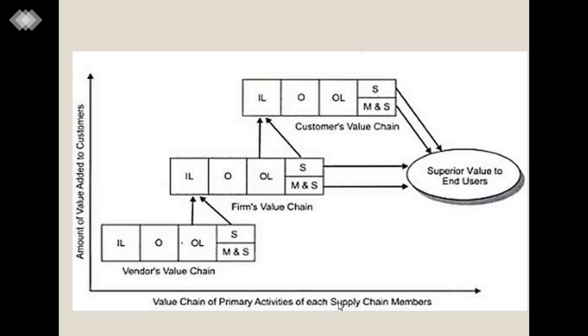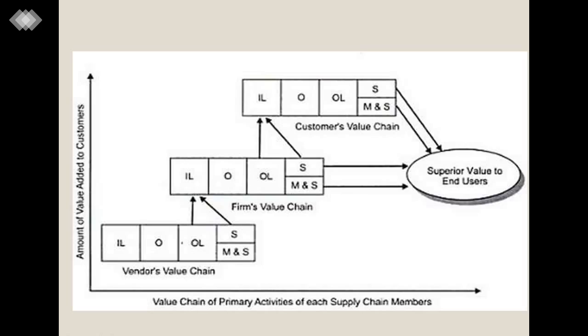Now, here is the example of how the value chain of primary activities relates to each supply chain member. So this is the customer value chain, which is related to their superior value to the end user. The firm value chain is also correlated with the customer value chain and superior value to end users, and the vendor value chains are related to the firm value chain.